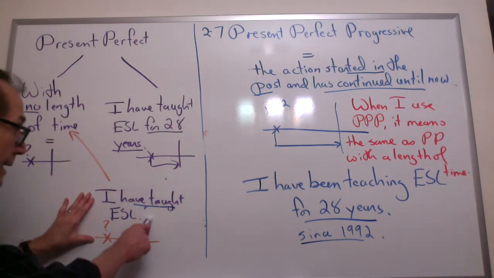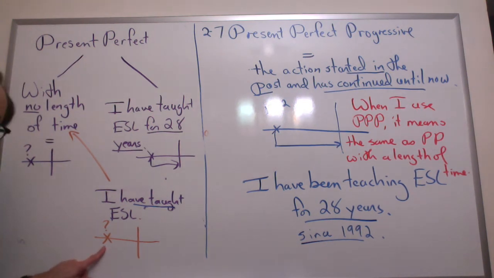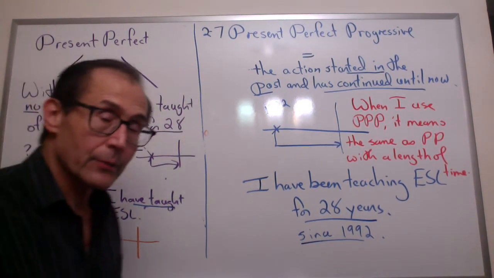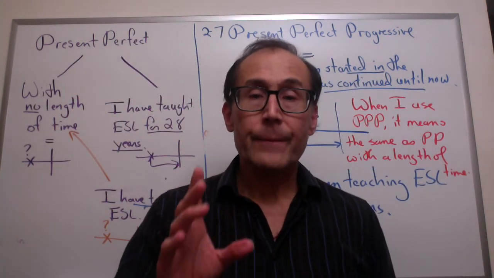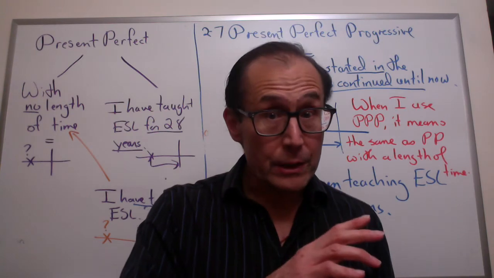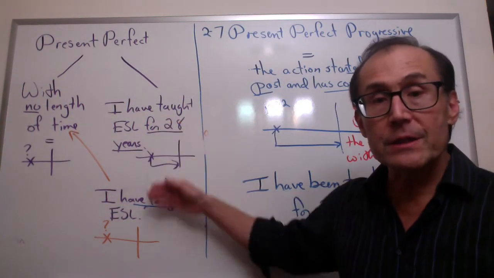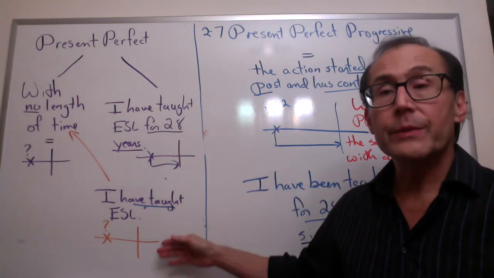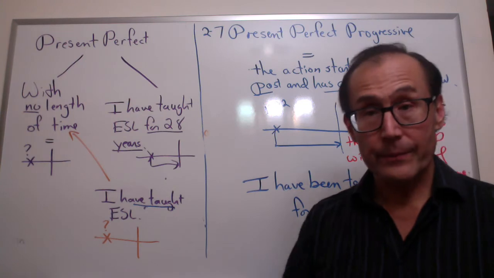But if I take away the length of time and I just say I have taught ESL, then it means it happened in the past, but the time is not clear. So this one doesn't continue until now. So with present perfect, if I use a length of time or take away a length of time, it changes the meaning. The meaning changes when I have a length of time or no length of time.